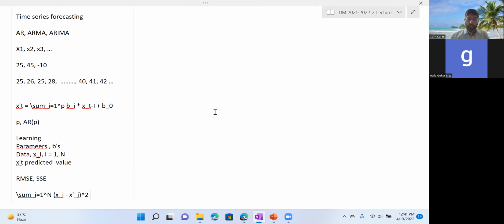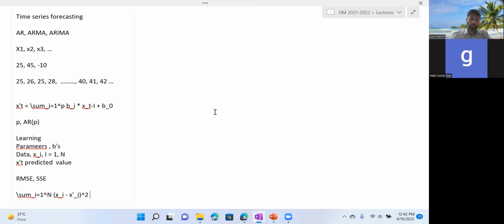So this is the objective function or the loss function which you minimize. Of course, x prime is given by that formula, which is a parametric model that has the b's as parameters. So minimization of this would lead to the final, optimal values of b.